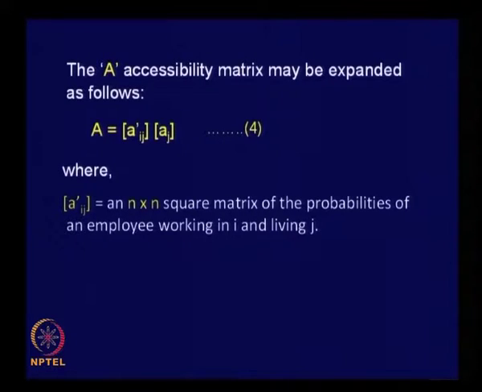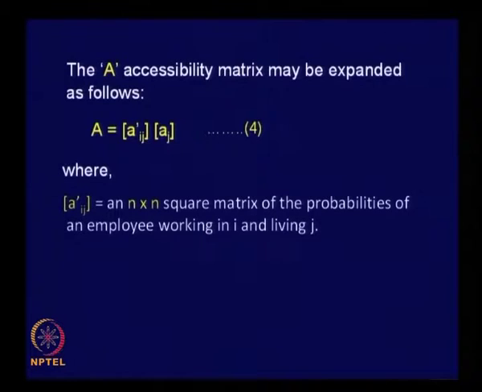Will you be able to get this information for base year condition? For example, suppose you are asked to get the values of A dash ij as an n by n matrix. If you have 200 zones, it will be a 200 by 200 matrix. Would it be possible?